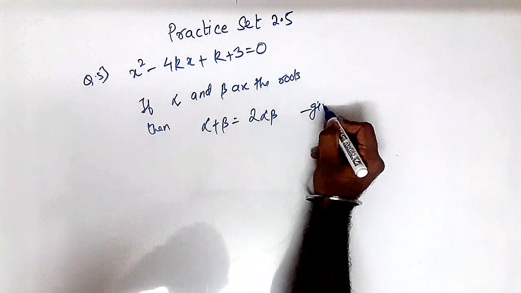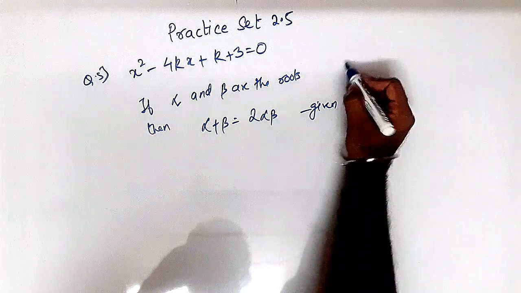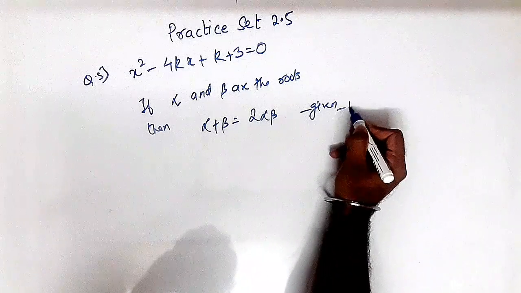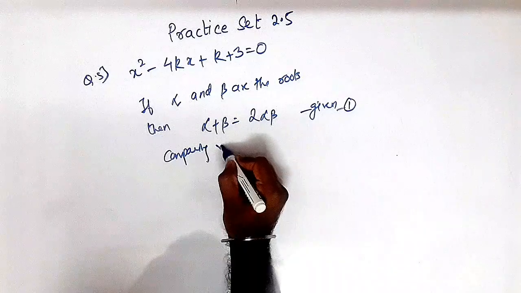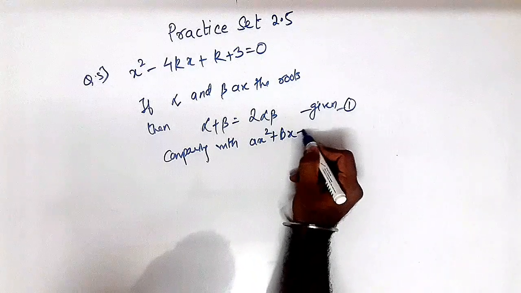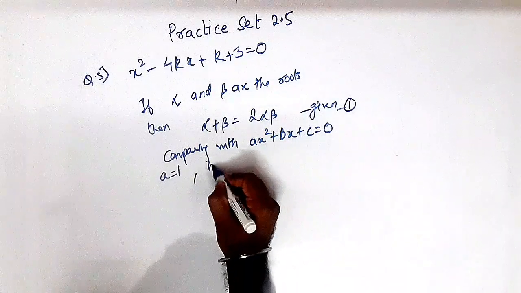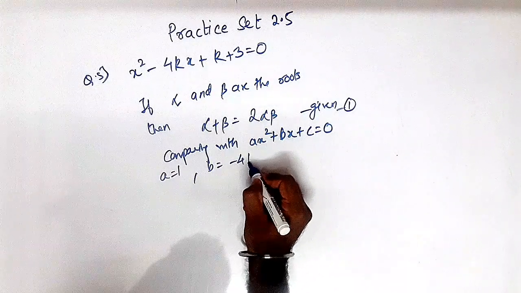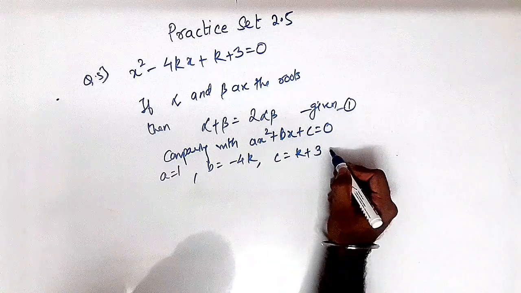This is given. Okay, now let us try to find first what is a, b and c. Comparing with ax square plus bx plus c equals to 0, a equals to 1, b equals to minus 4k, and c equals to k plus 3.